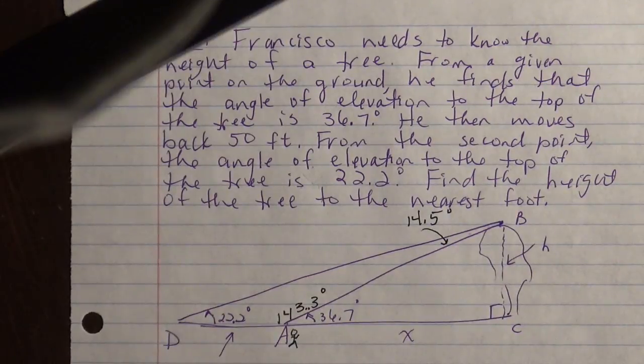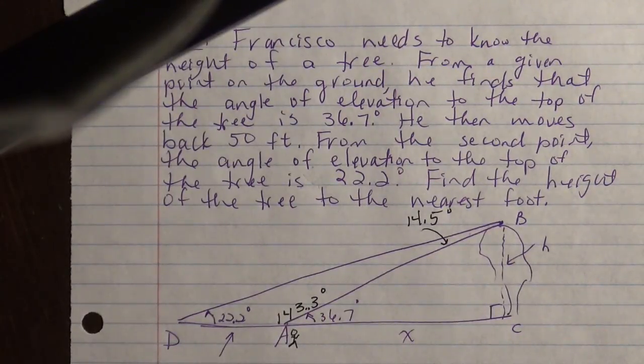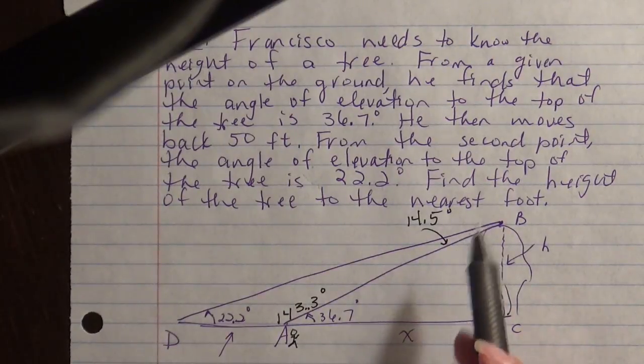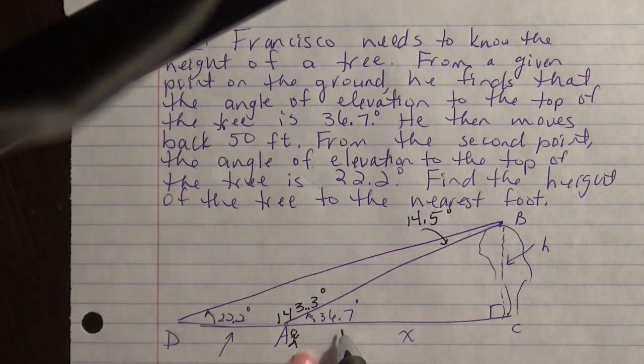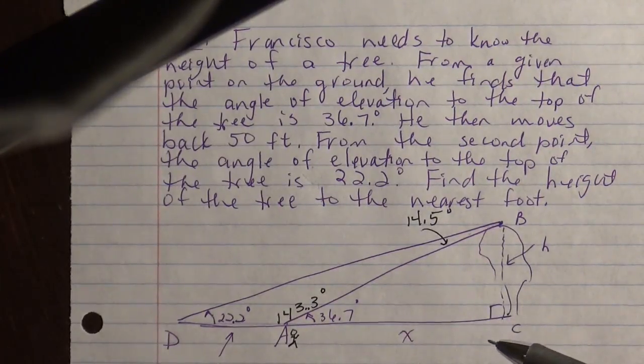So we're asked to find the height, and we've got these two different triangles to work with. Let's think about how we could express height for each triangle. Let's look at the smaller triangle first. We've got this angle 36.7, and height is the opposite side. Do we have any values here that we can put in? Well, that's okay, we can use x.